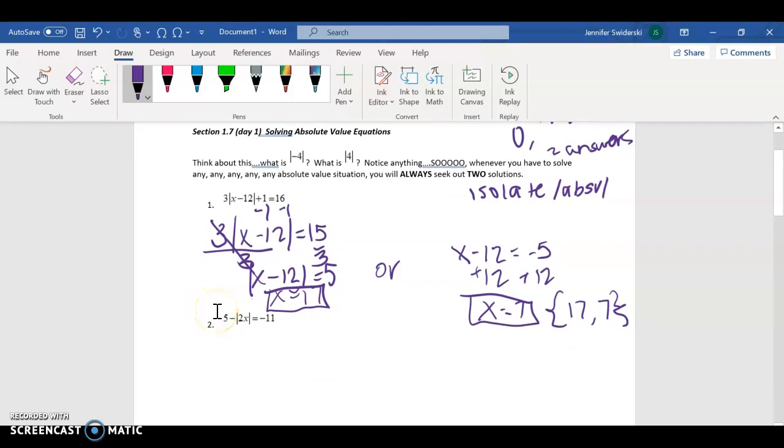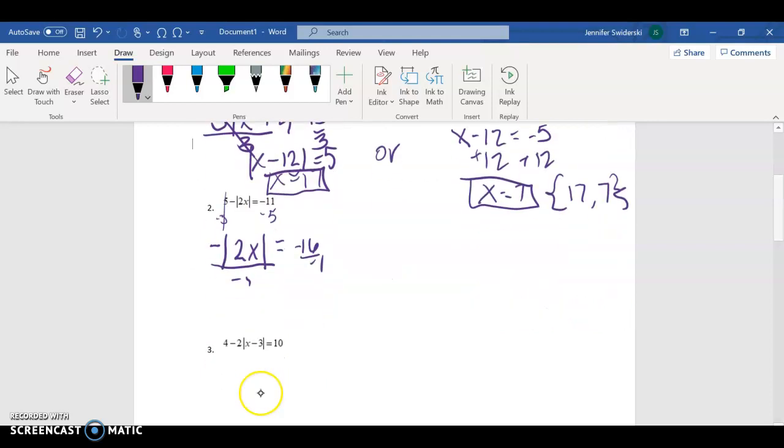All right, so let's take a look at number 2. Number 2, go isolate those absolute values, the brackets. So I'm going to subtract 5 both sides. When I do that, I am left with negative absolute value of 2x is equal to -16. I'm going to divide by -1, and I get the absolute value of 2x is equal to 16.